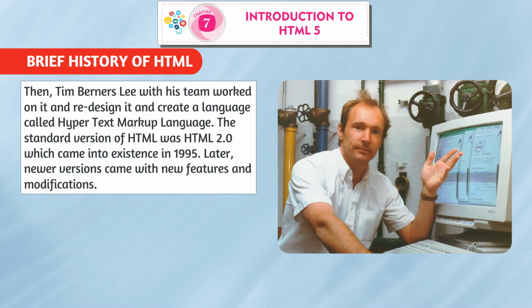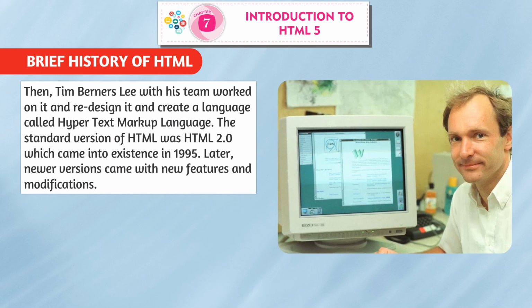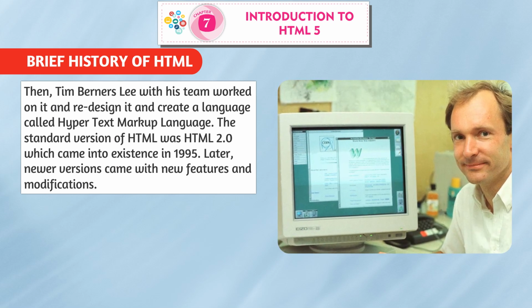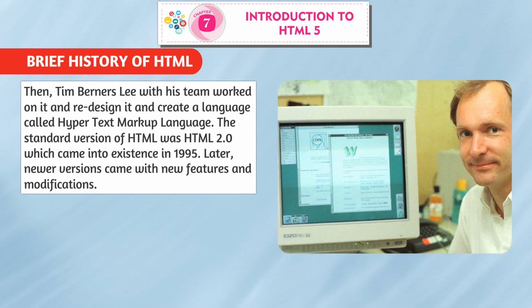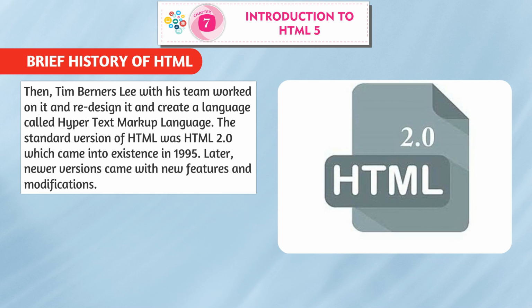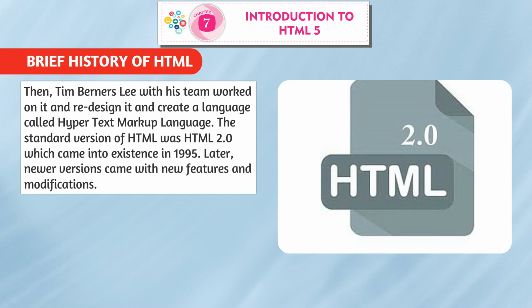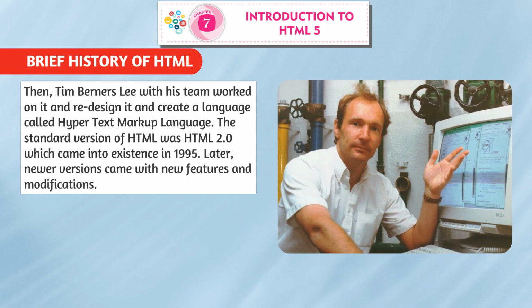Then Tim Berners-Lee, with his team, worked on it and redesigned it and created a language called Hypertext Markup Language. The standard version of HTML was HTML 2.0, which came into existence in 1990. Later newer versions came with new features and modifications.